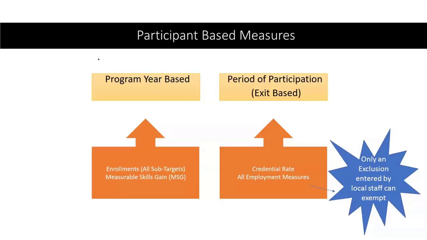There's nothing except for you guys telling us, this person is exempt from being in this measure because, hey, they're currently incarcerated, right? So everybody kind of falls into these exit-based measures, except for the credential rate, because that has a little bit more specific criteria. But all your individuals that exit the program fall into this employment measure.